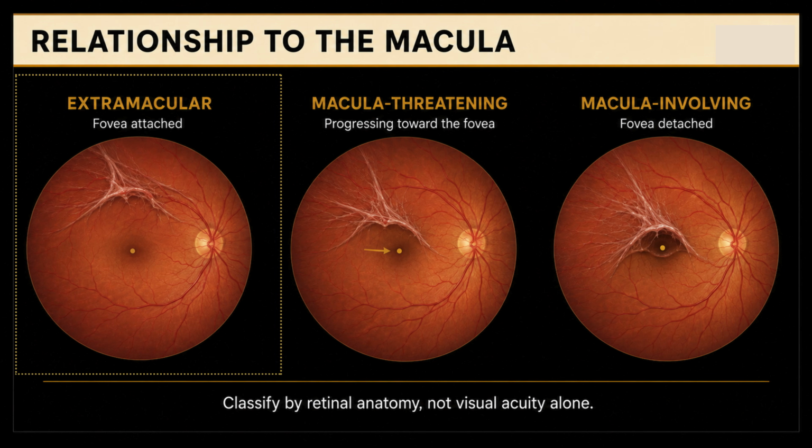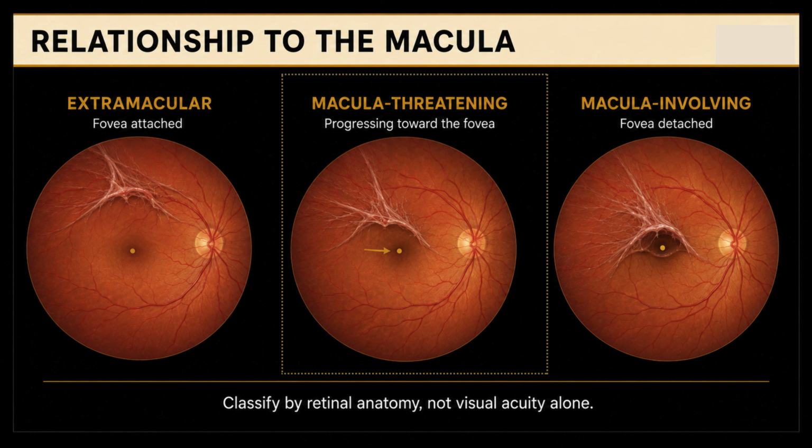Now, based on the relationship of TRD to the macula, a tractional retinal detachment can be described as extramacular, macula-threatening, or macula-involving. In extramacular TRD, as the name suggests, the detachment does not involve the fovea. A macula-threatening TRD is approaching or progressing towards the macula and places the central vision at risk.